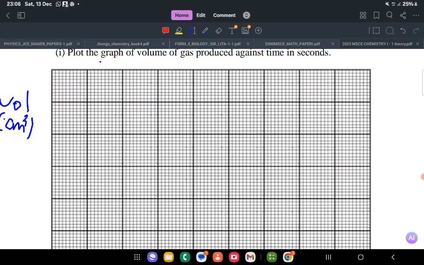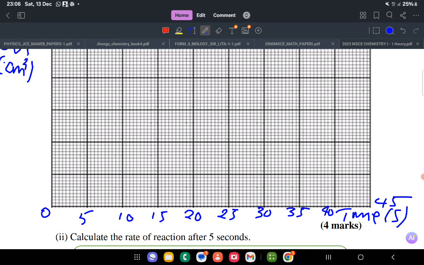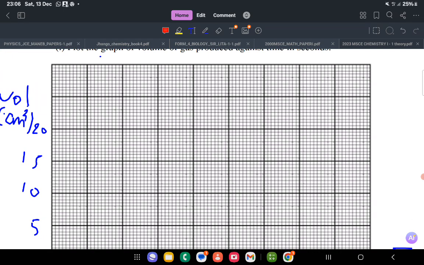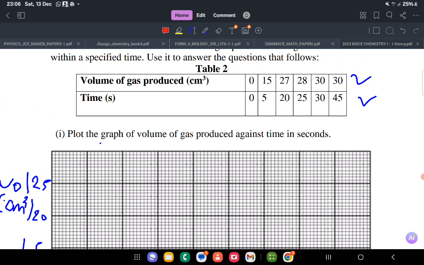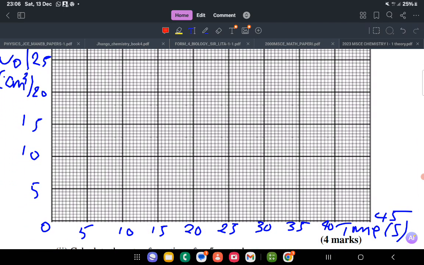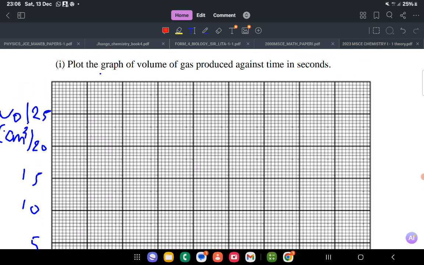So we can also have 5, 10, 15, 20, 25 to 30. Okay, that's okay. So scale, we're done.